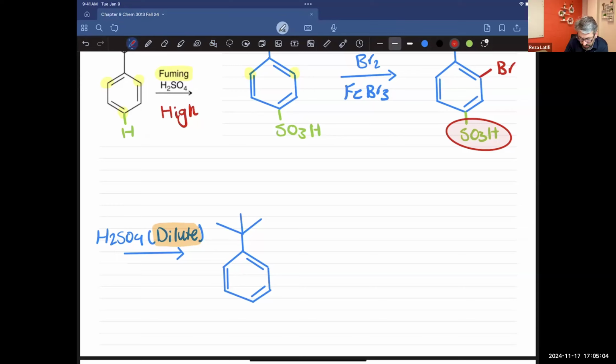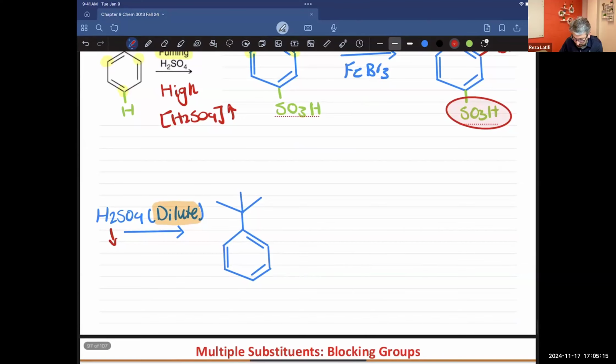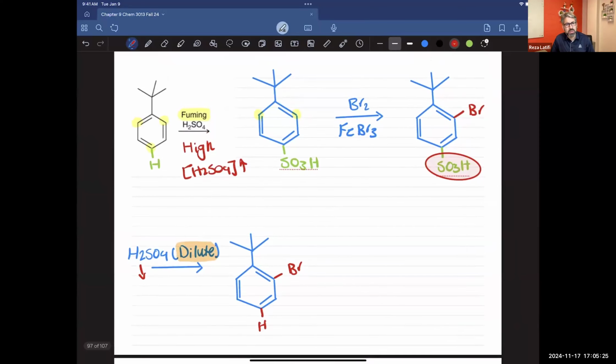So the concentration of H2SO4 was high, and here the concentration is going to be low or diluted, and that group will be replaced by H, and here I will have Br. Okay, so now that's going to be my product. Again, the way I got it, I blocked the para position.